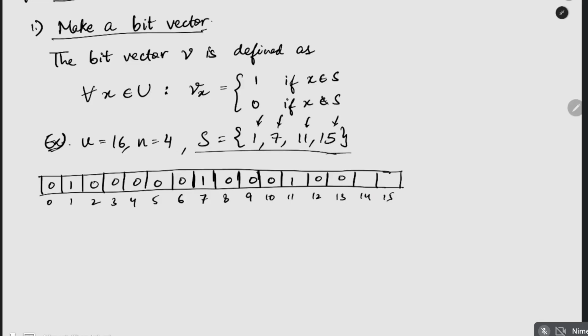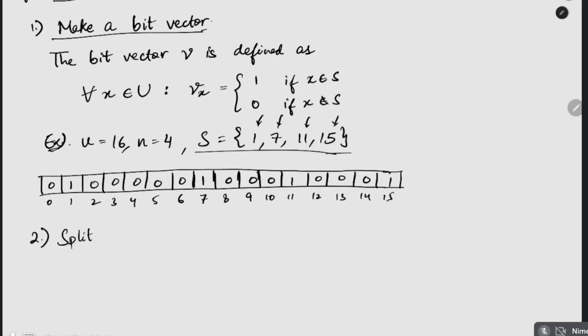Let's keep it 50, right? Because the values inside the subset S cannot be greater than u minus 1.